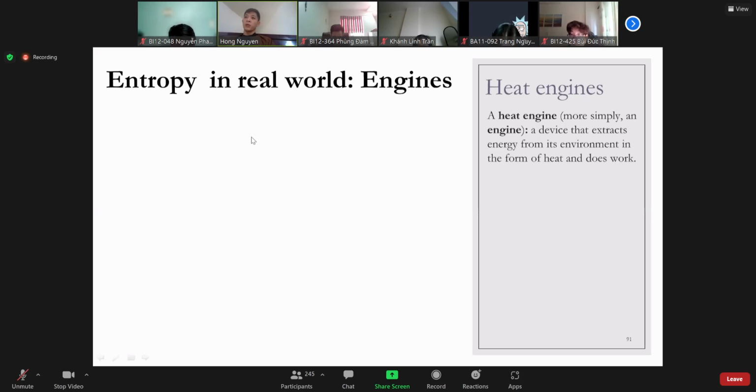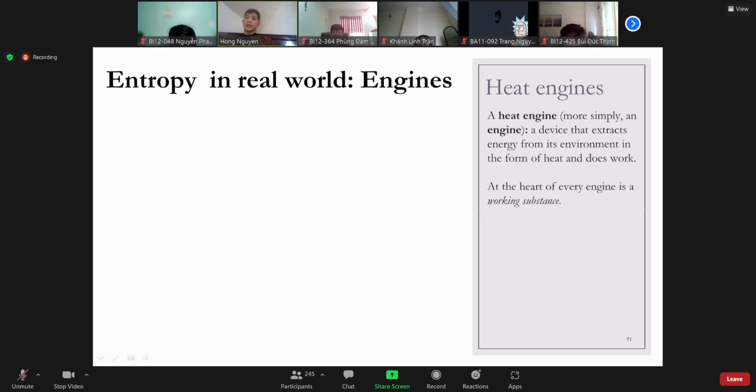So when we talk about the heat engine, we talk about a device that extracts energy from the environment in the form of heat to do work, right? We extract energy in the form of heat to do work for the car, for the motorcycle to move.